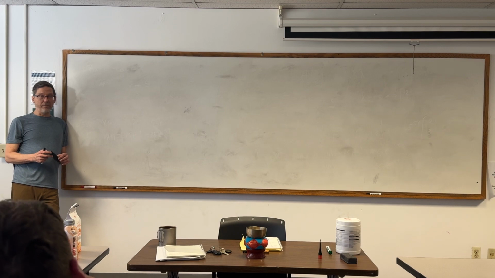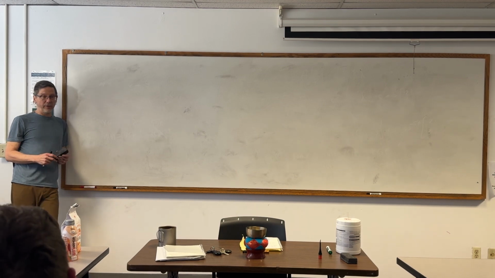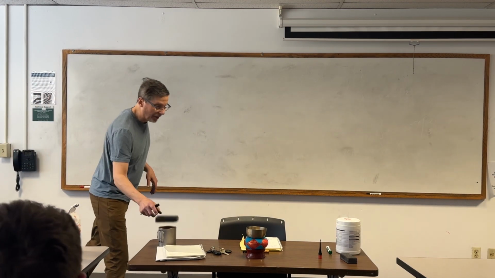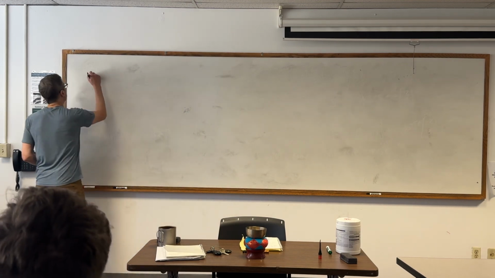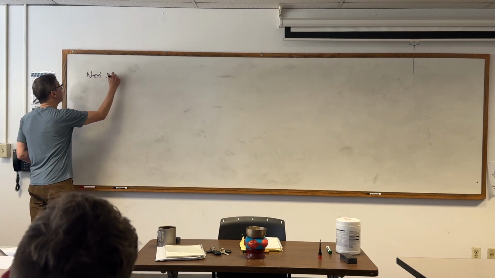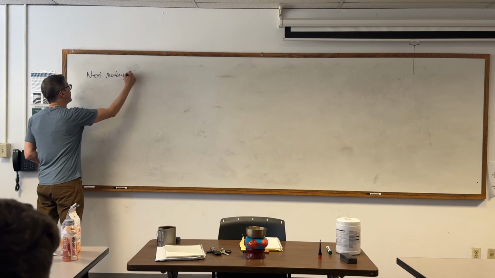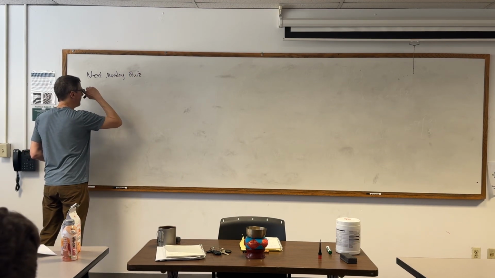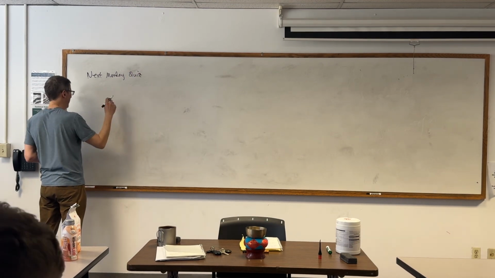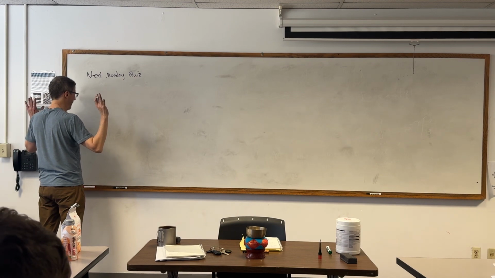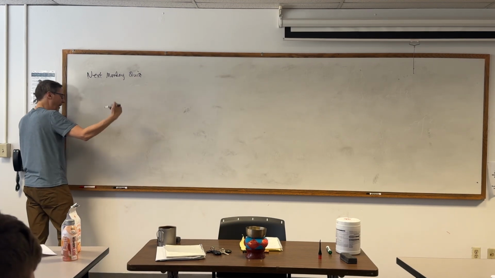Okay, next Monday we have a quiz. It's up in the calendar. Honestly, there's a couple theorems in there that I don't remember the numbers of, but they are in the calendar item.